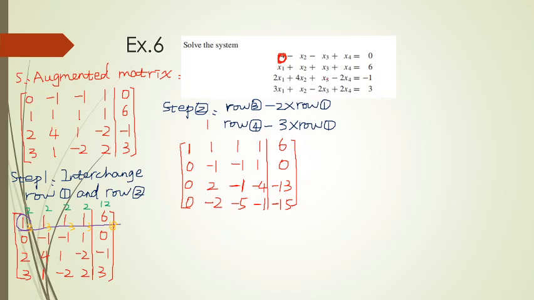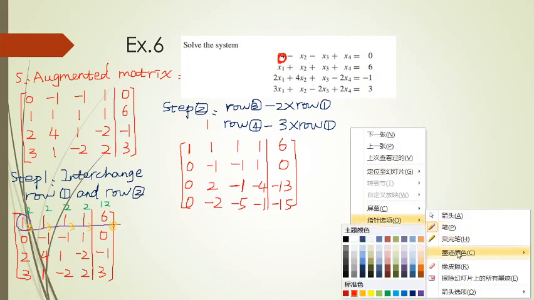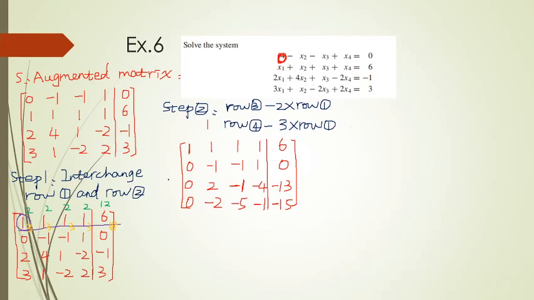Now what is the next pivot row and pivot we are going to choose? We are trying to get close to the strict triangle form. So we are going to make the coefficients for x2 in the third and fourth rows become 0. So the second row will be the pivot row, and this minus 1 is the pivot.